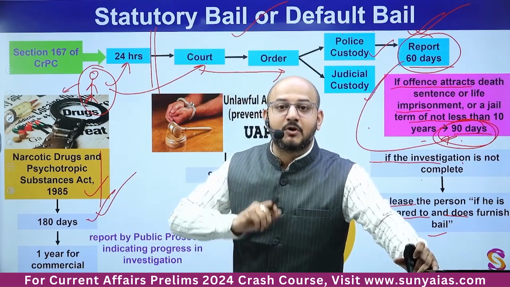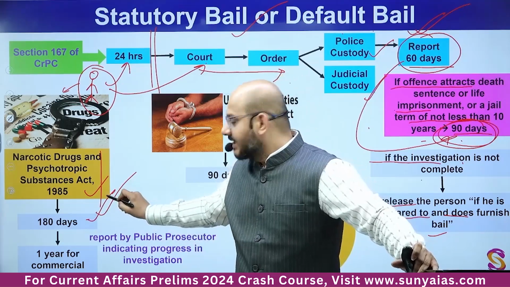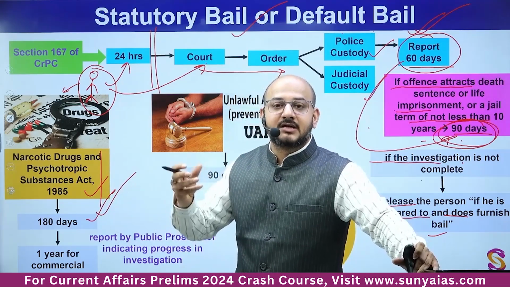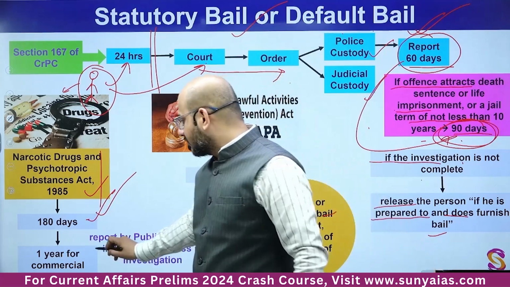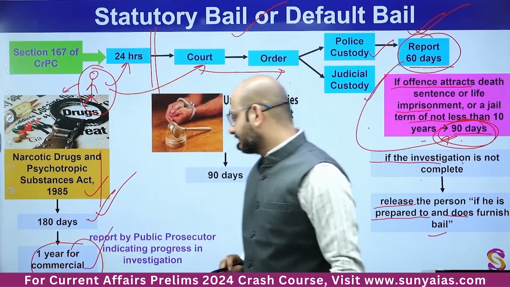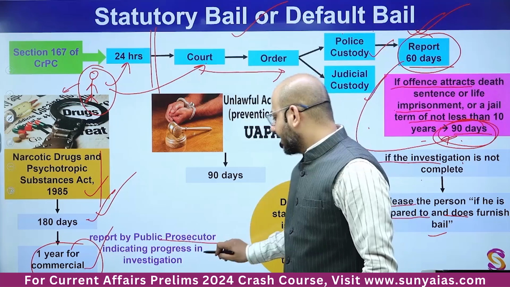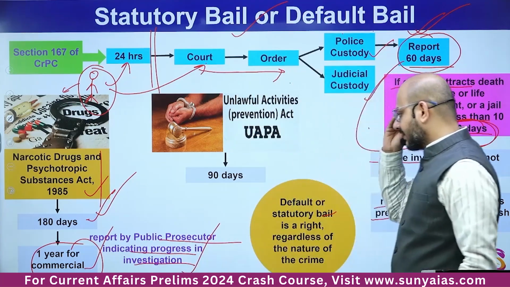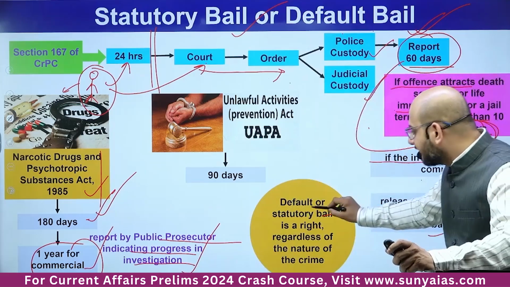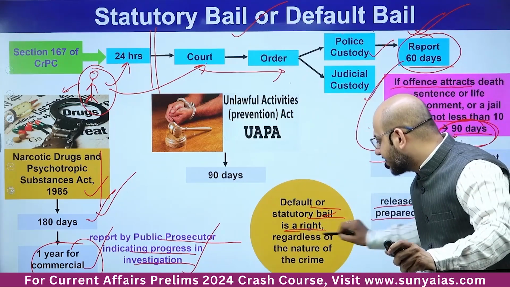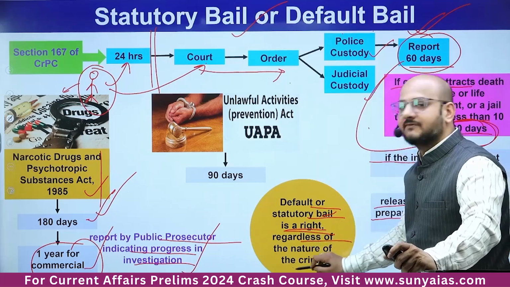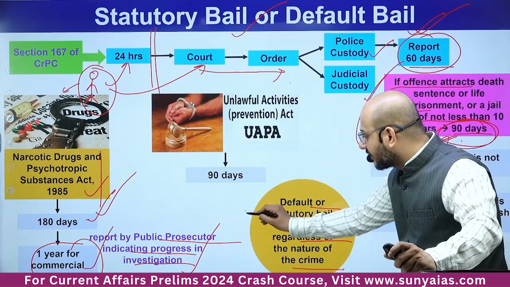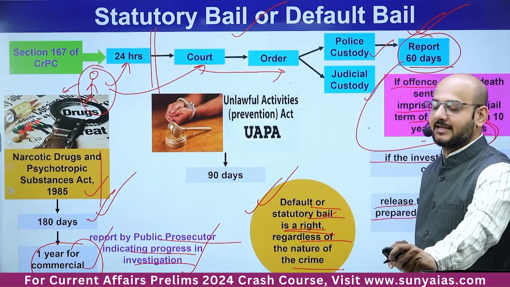If a public prosecutor comes and says that the person was having the drugs in commercial quantity, in that case it could be extended to a 1 year period also. There is a report by the public prosecutor indicating progress in investigation. Getting this point? Default or statutory bail is a right regardless of the nature of the crime. If you get this statement in the examination, it is correct.